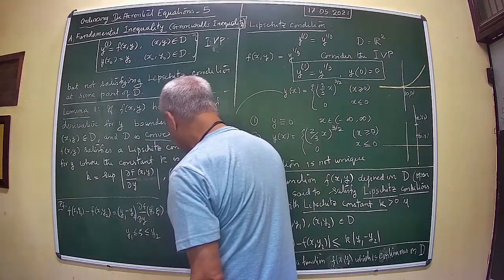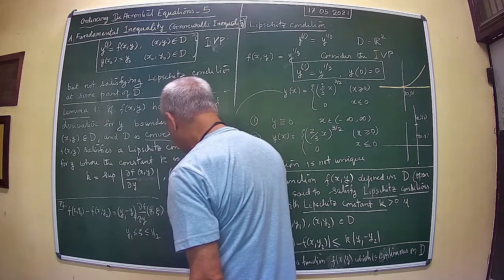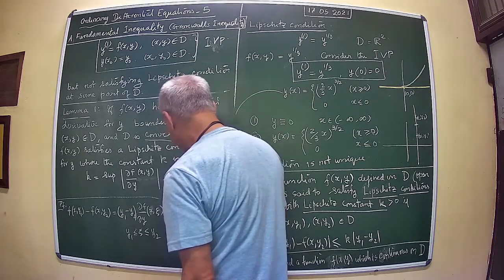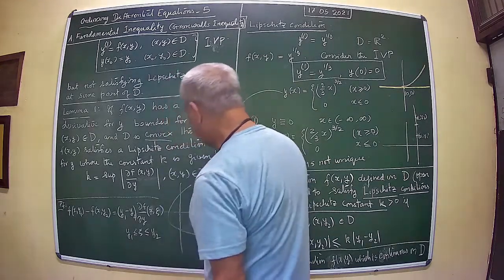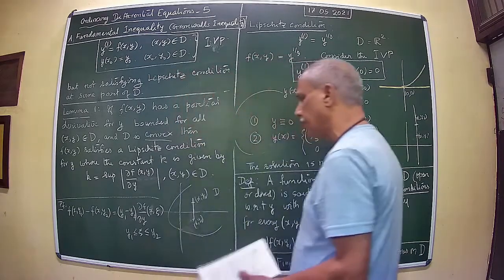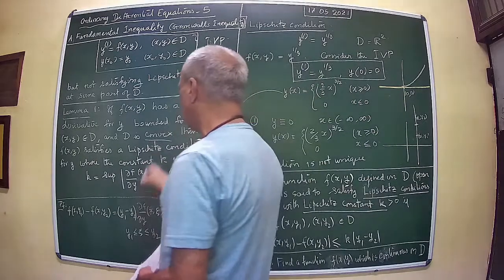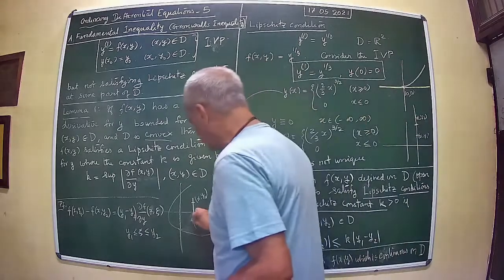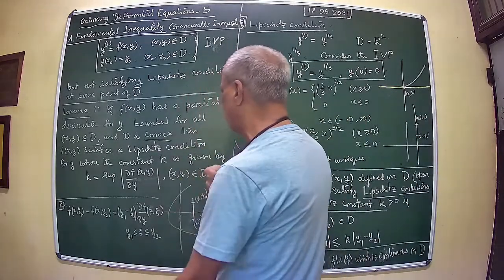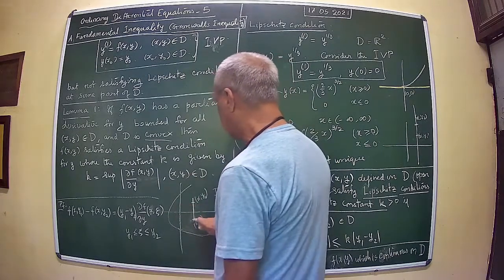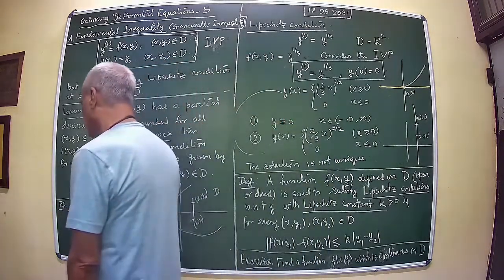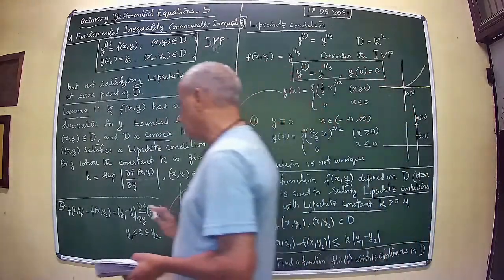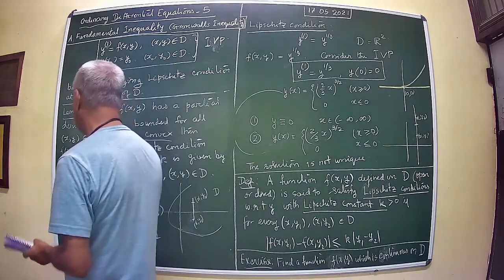So this is (x, y1), and you are taking the vertical line on which you take another point (x, y2), and you are assuming that this entire line segment is in D. Because of this assumption on the existence of the partial derivative, you are assuming there is a bounded partial derivative. Then on this line you have this particular result valid. This is the mean value theorem, looking at f of x, y as a function of y.